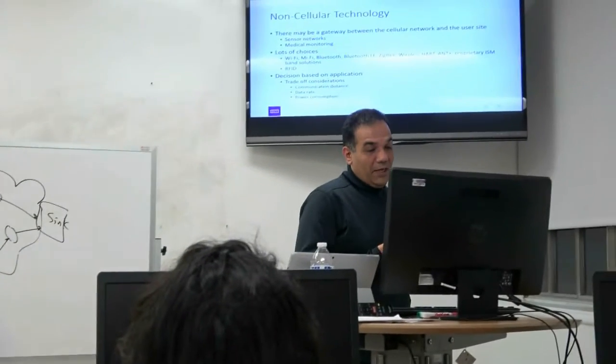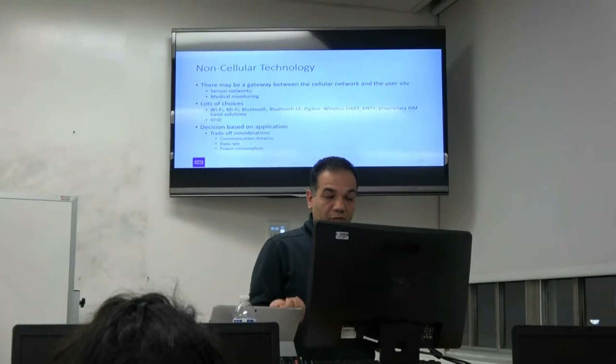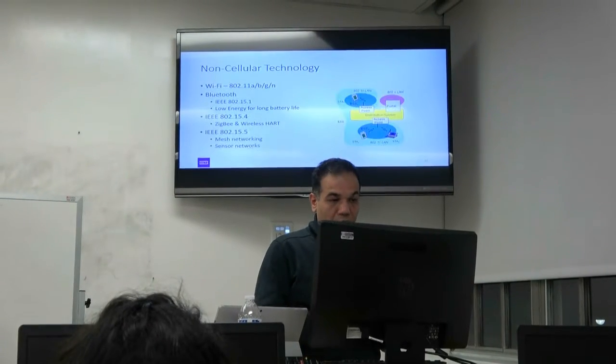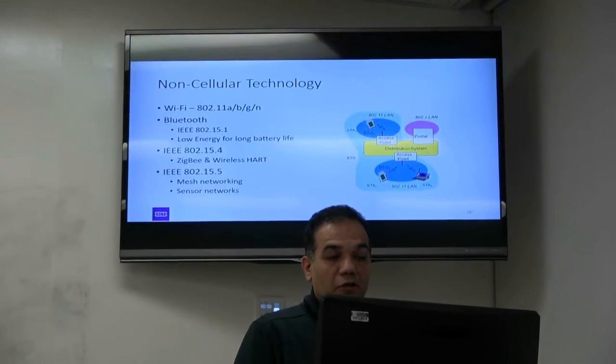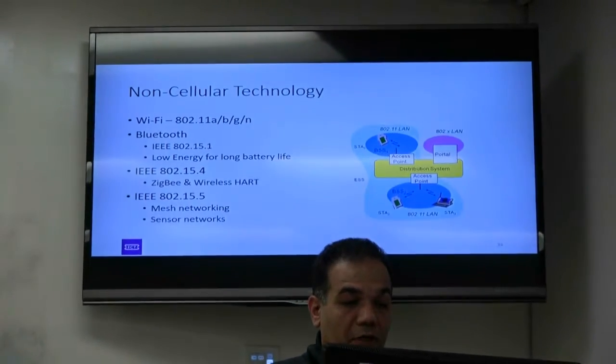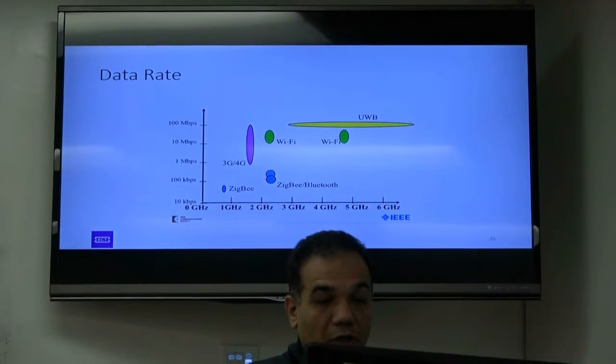The decision is based on applications, so it's trade-off considerations: communication distance, data rate, power consumption, all of these. Examples of non-cellular technologies: Wi-Fi, Bluetooth, Zigbee, mesh networks. Look at the rate.